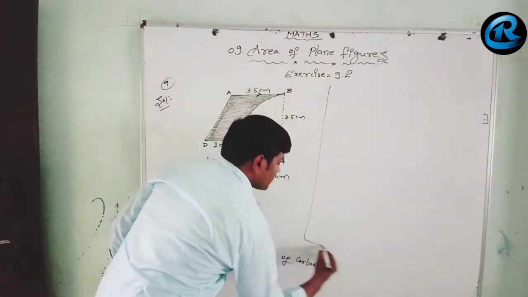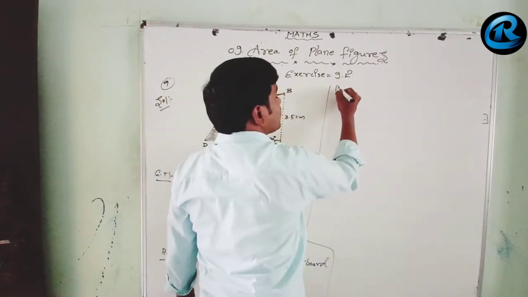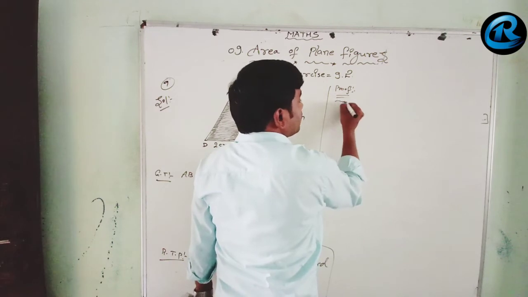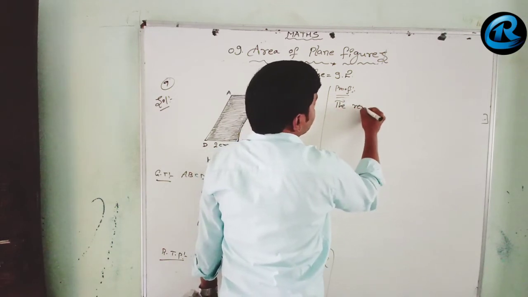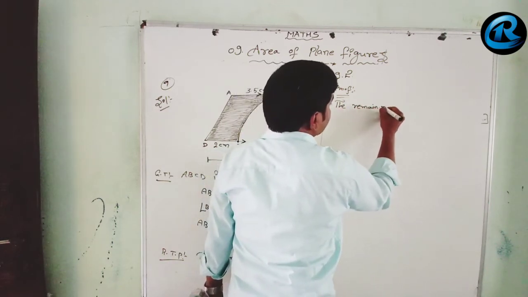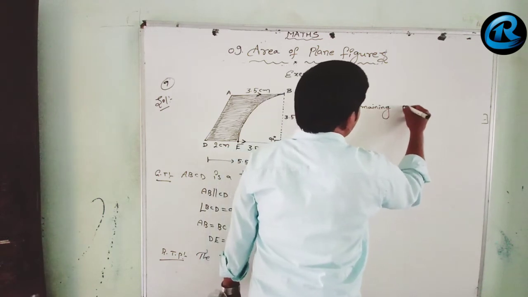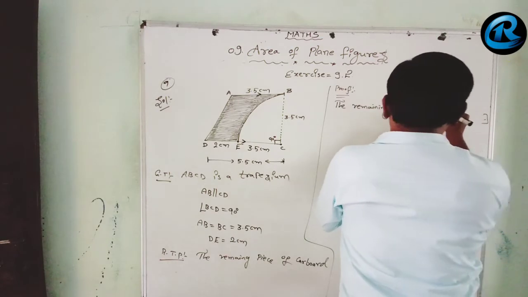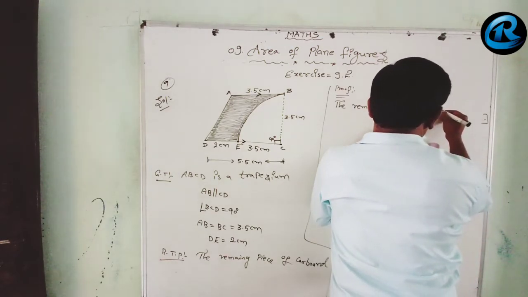How can we find out the remaining piece of the cardboard?